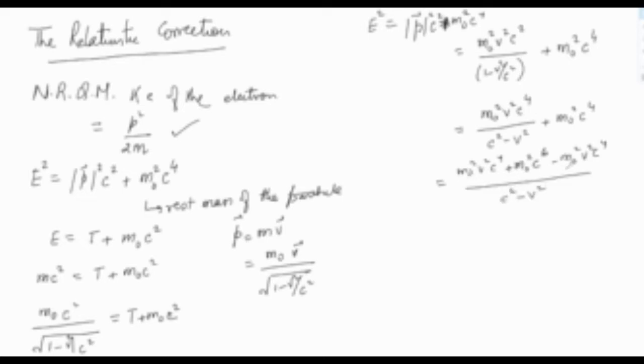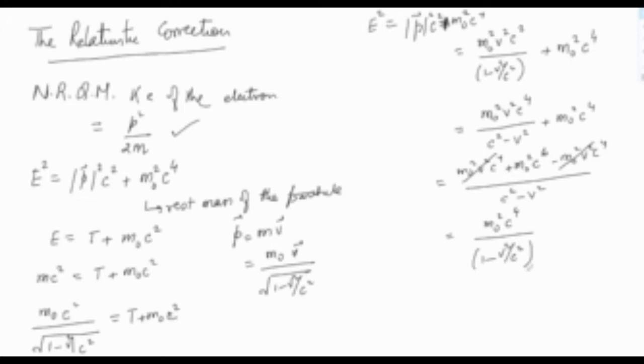Therefore, this will cancel out, and what you will be left with is m naught square c4 by 1 minus v square by c square. I've just brought 1 c square to the denominator, and I'm writing it as 1 minus v square by c square. Therefore, your E square in relativistic formalism is m naught square c4 by 1 minus v square by c square.